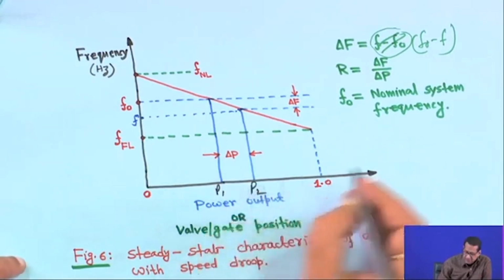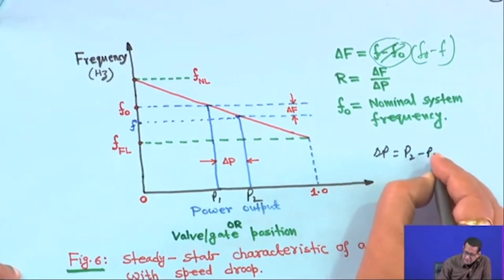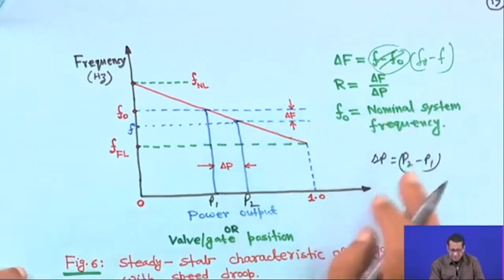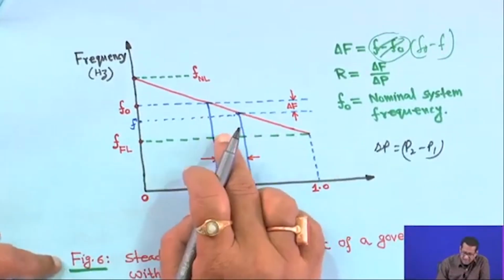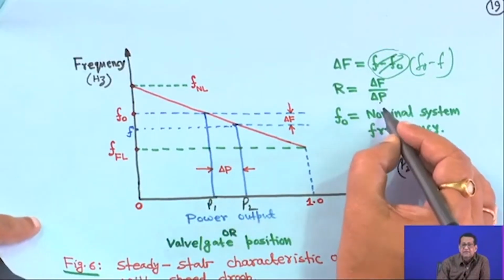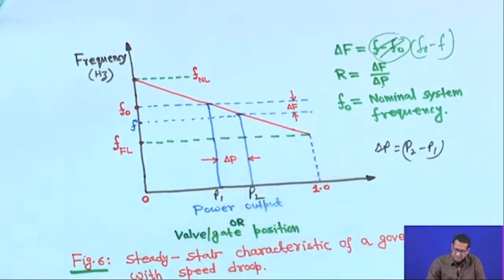Therefore, delta P will be P 2 minus P 1, and similarly delta F is equal to F 0 minus F. Therefore, the slope of this characteristic, R, is equal to delta F upon delta P, as written here.